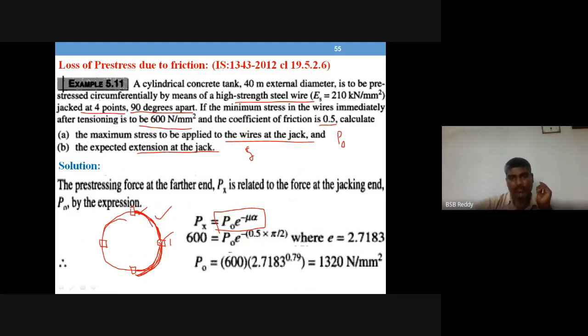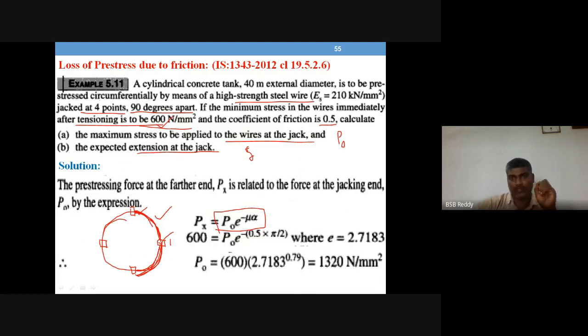So consider this part. Px is known to you, because the stress given is after tensioning.